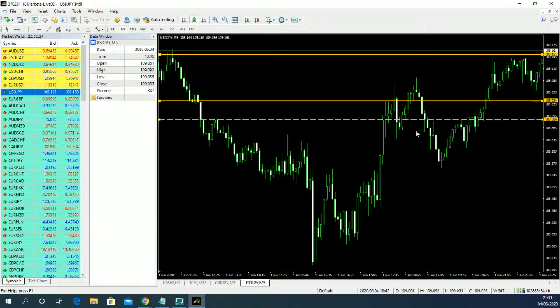Okay, what are people saying? How could I know that it may continue to TP2, TP3? Is there anything that can help? No, you don't know whether it's going to continue to TP1, 2, 3, 4, 5, 6, 7.